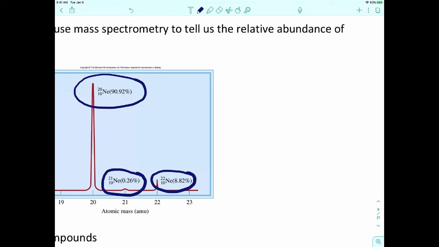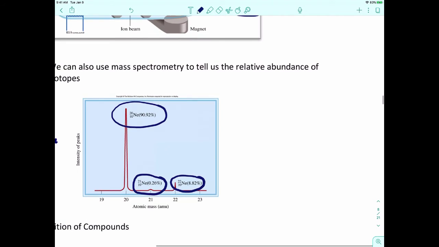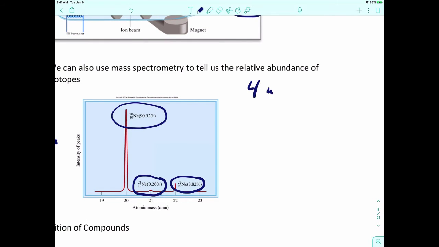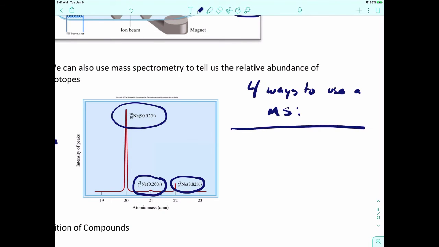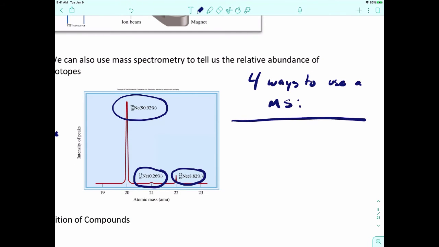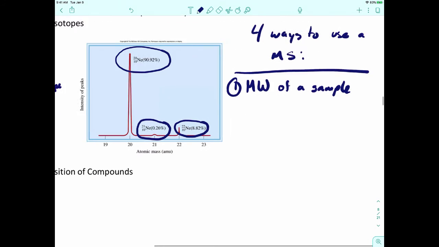Right now in chemistry, there are 4 different ways to use a mass spec. Let's talk about them. The first way is to determine the molecular weight of a sample, just like what we're doing here.